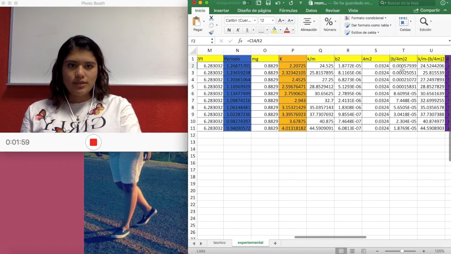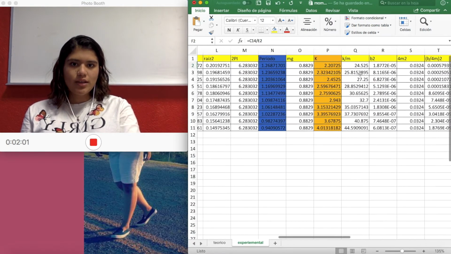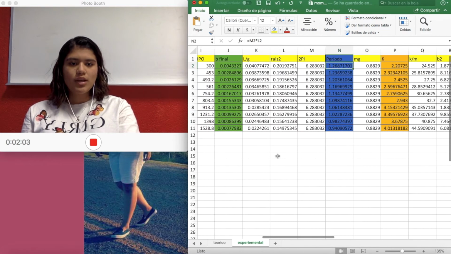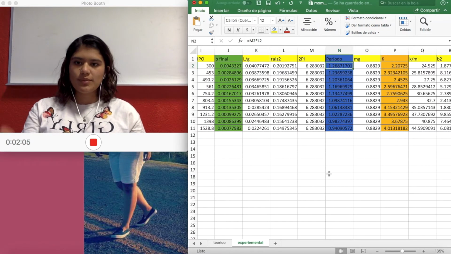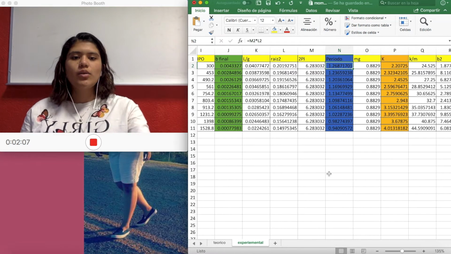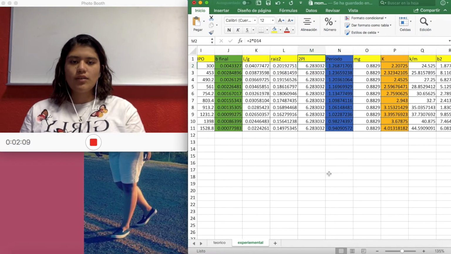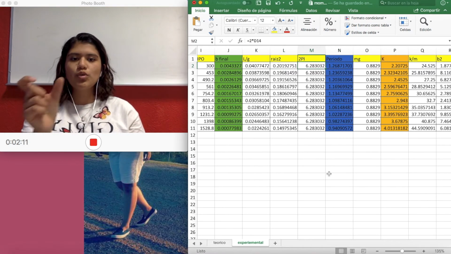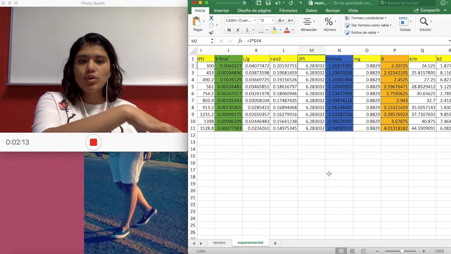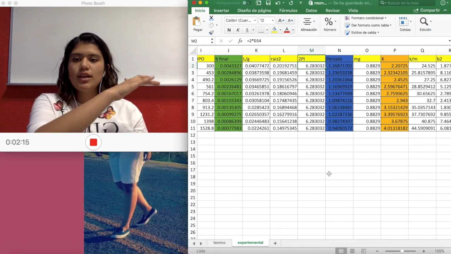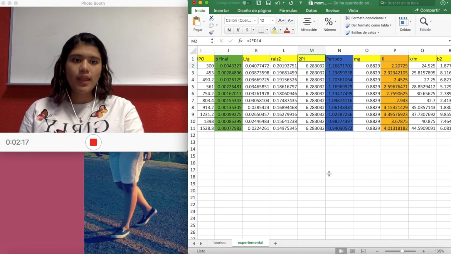And here we have the period, where, as I explained in the theory and data, you can get it from the formula of 2 pi times the square root of length divided by gravity.